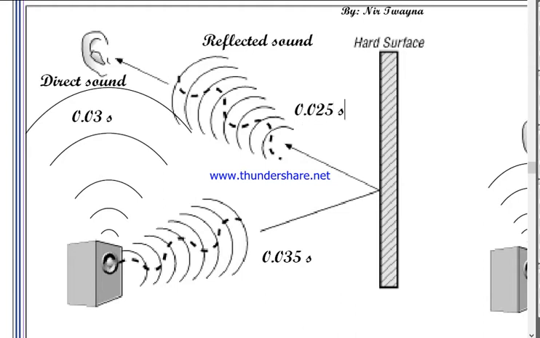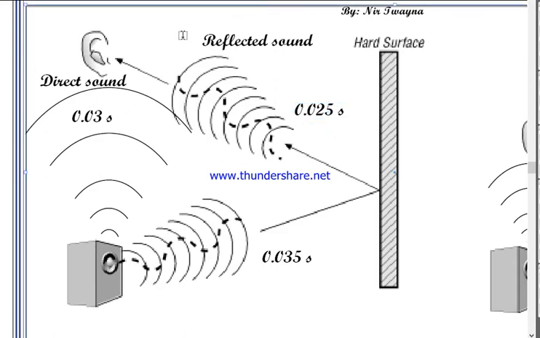So the sound to reach the ear directly takes 0.03 second, the sound traveling toward the wall takes 0.035 second, and to reflect and reach the ear it takes 0.025 second.